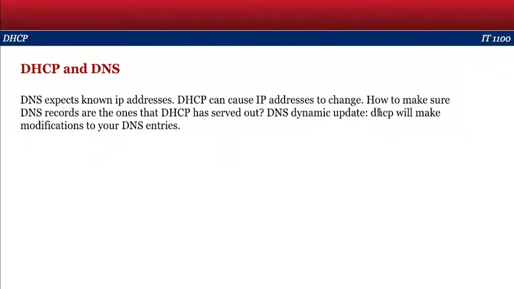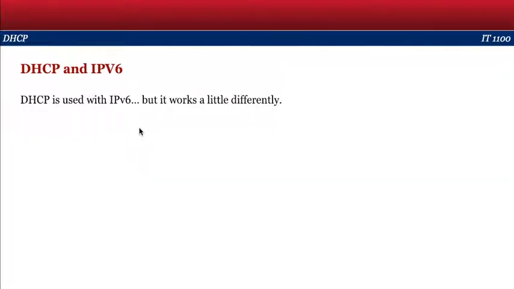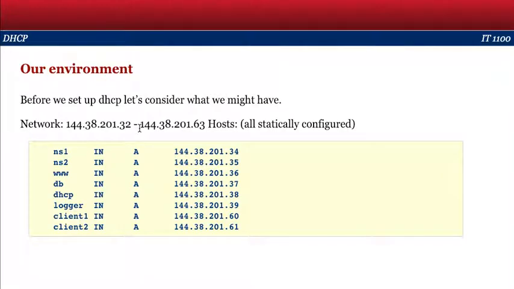Once again, the server or the DHCP daemon will go in and modify your DNS entries. Special configuration has to make that happen, but it is doable. DHCP is used with IPv6, but it works a little differently, and we may get to that.